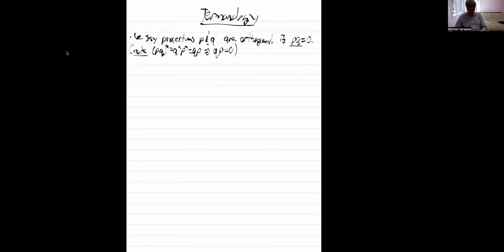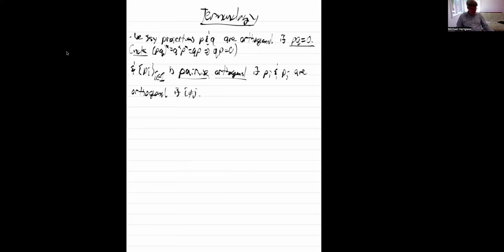So projections are orthogonal if their product is zero, and a family of projections P_i, i in I, is called pairwise orthogonal, let me make sure I get the terminology exactly right, if P_i and P_j are orthogonal if i is not j.